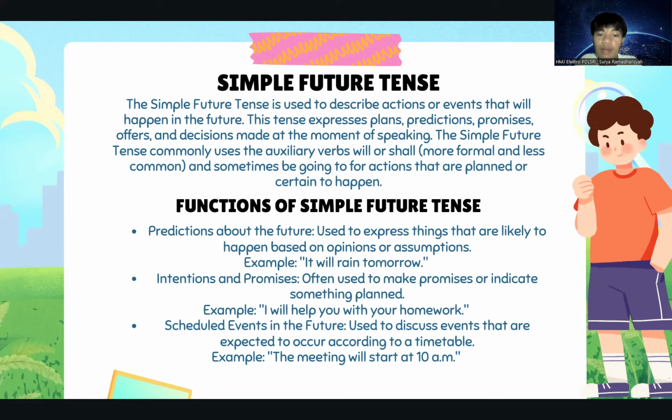Example, I will help you with your homework. And the last one is schedules events in the future, used to discuss events that are expected to occur according to a timetable. Example, the meeting will start at 10 a.m. Next.